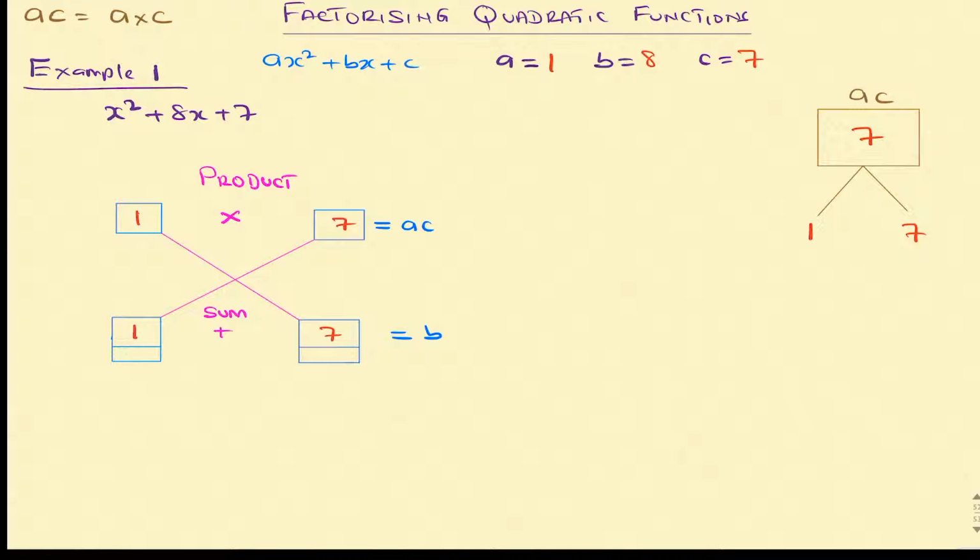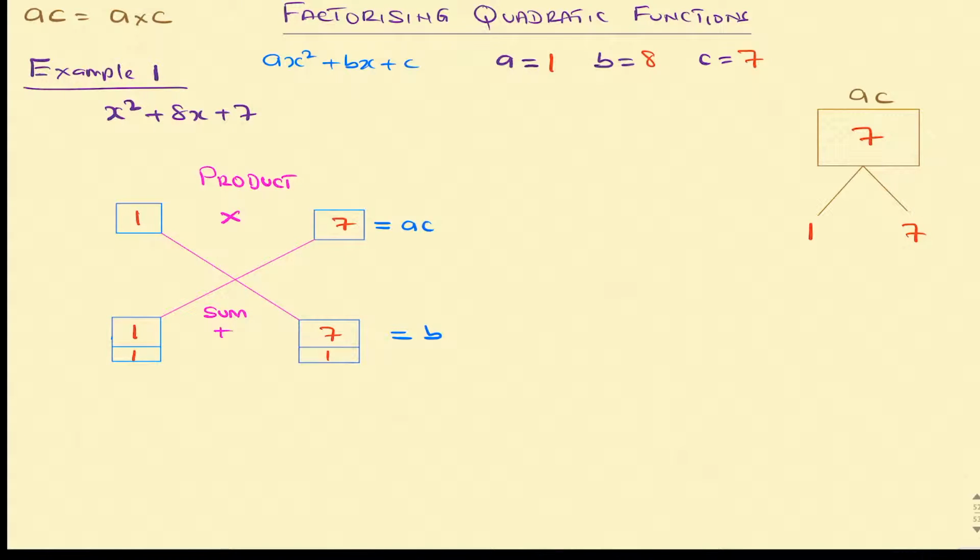Now, in the bottom boxes, what we need to do is divide the numerator by A to get the denominator. A is 1, so we divide it by 1.